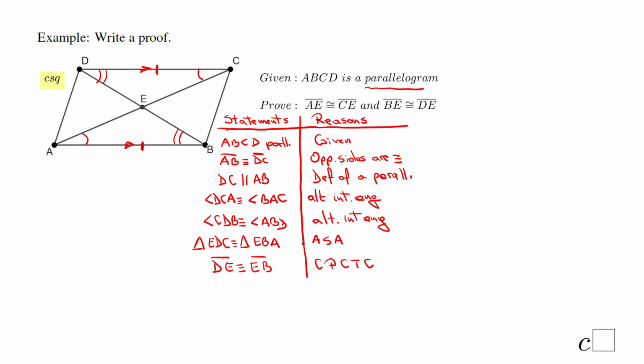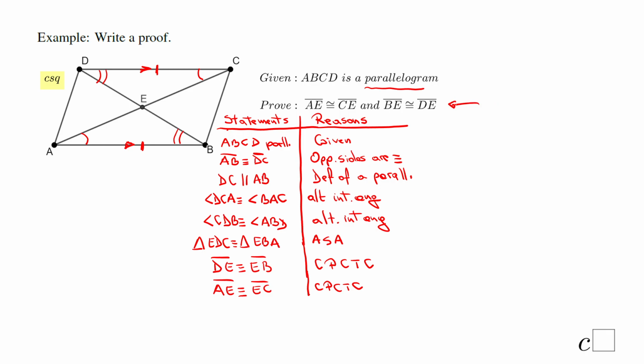CPCTC. Also, the last one is AE congruent with EC. And the same thing, CPCTC. Corresponding parts of congruent triangles are congruent. And that is what we need to prove.